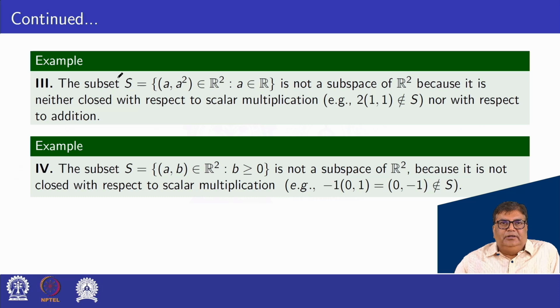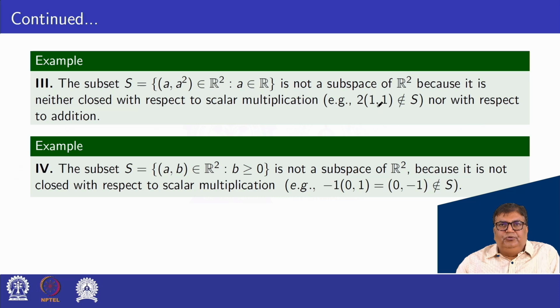Next, the subset S equal to the ordered pairs (a, a squared), where a belongs to R, is not a subspace of R squared, because it is neither closed with respect to scalar multiplication nor with respect to addition. So we can write here, for example, 2 as the scalar and (1, 1) as the ordered pair.